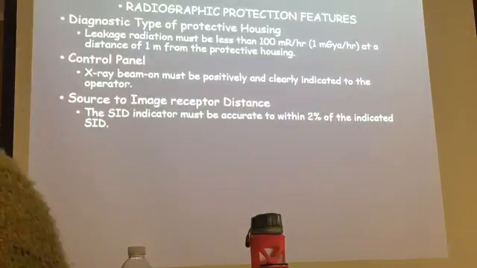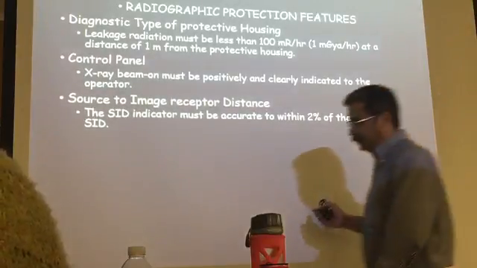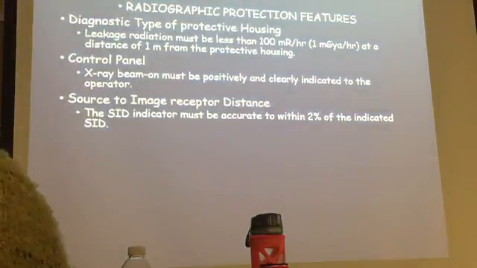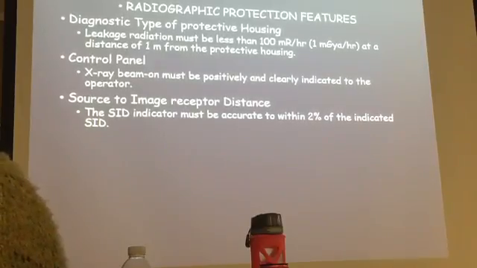All right, source to image receptor distance. The SID indicator means either your measuring tape, as simple as a measuring tape, or a laser, whatever it is that they are using to measure. The SID must be accurate to within 2% of the indicated SID. So if your SID is 40, that's what it should be.